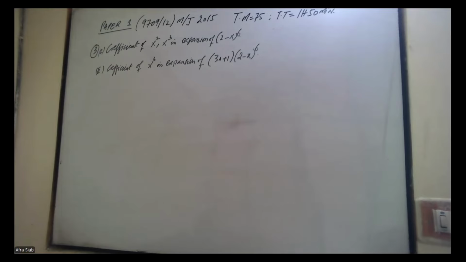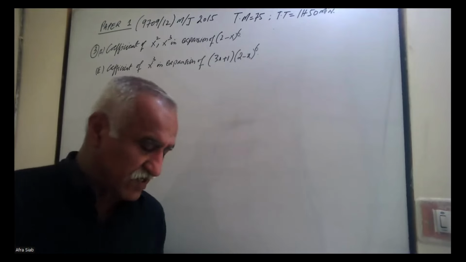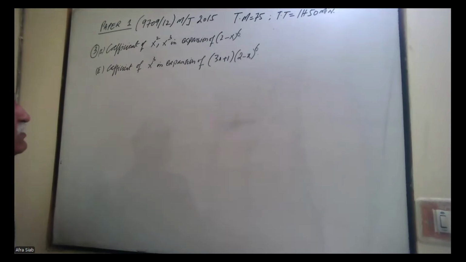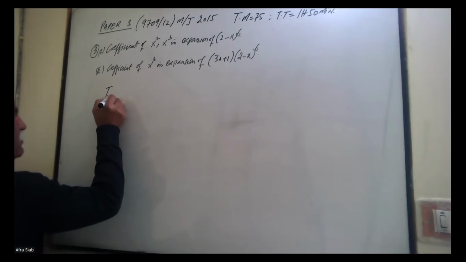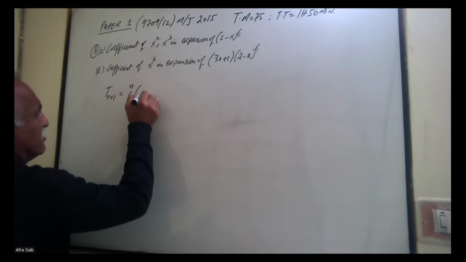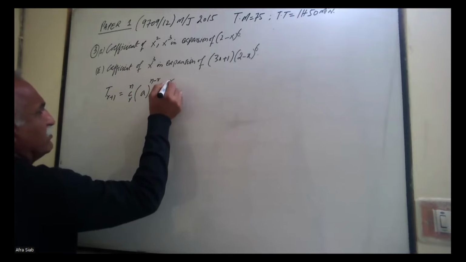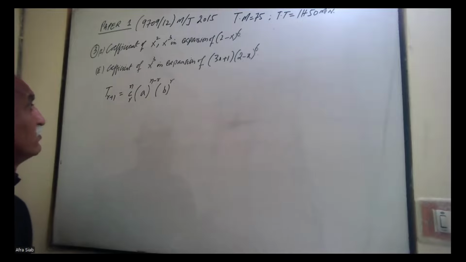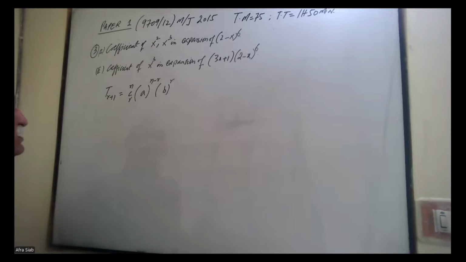Now, we are finding the coefficient of x square and x cube in the expansion of (2 minus x) power 6. We know that the term formula is equal to nCr a power n minus r into b power r. So we can use this formula for the coefficient or the term.